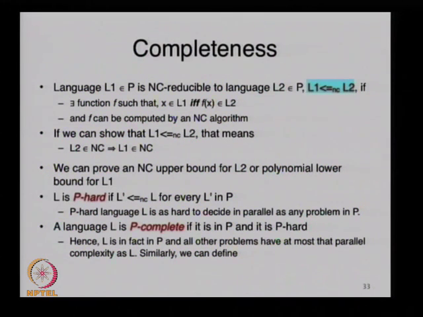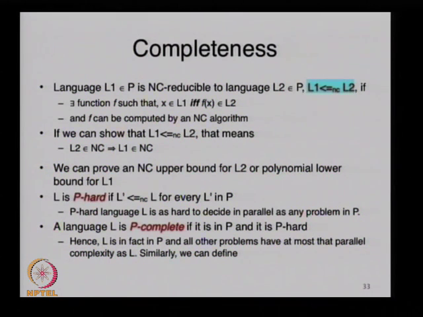It's basically the same definition as NP hard. Reducible has become NC reducible instead of polynomial time reducible, and you replace NP with P everywhere. Okay? What do you call a P-hard problem?